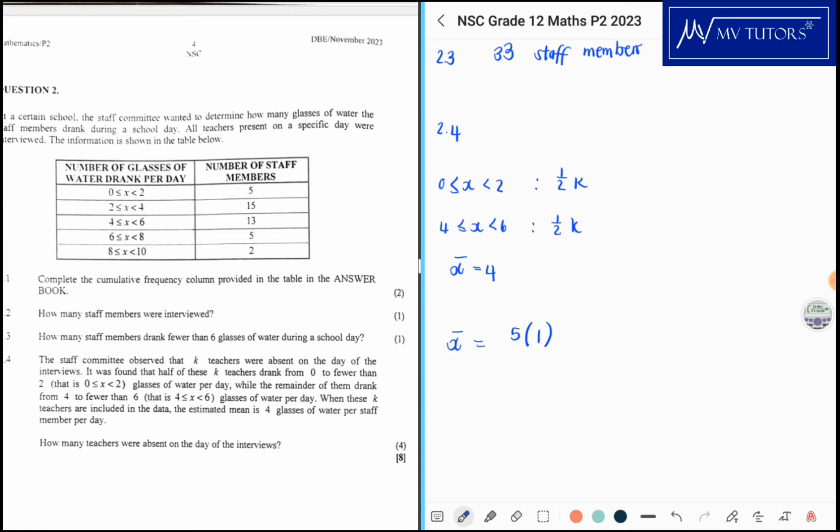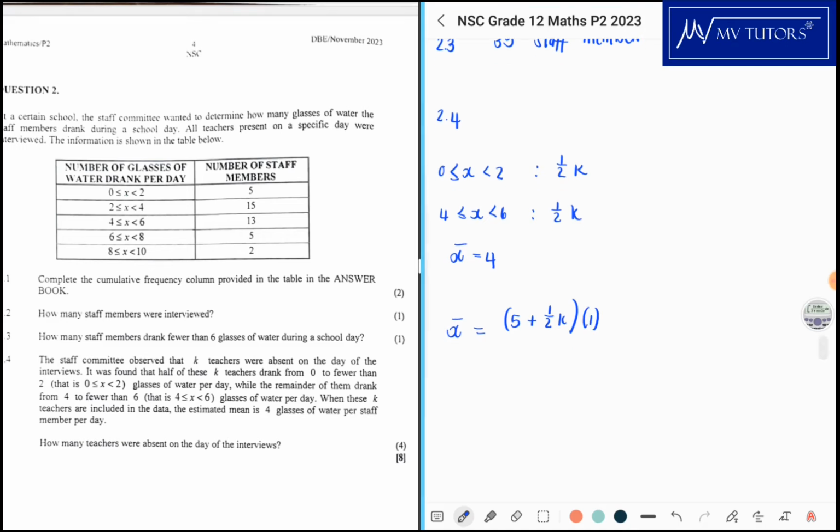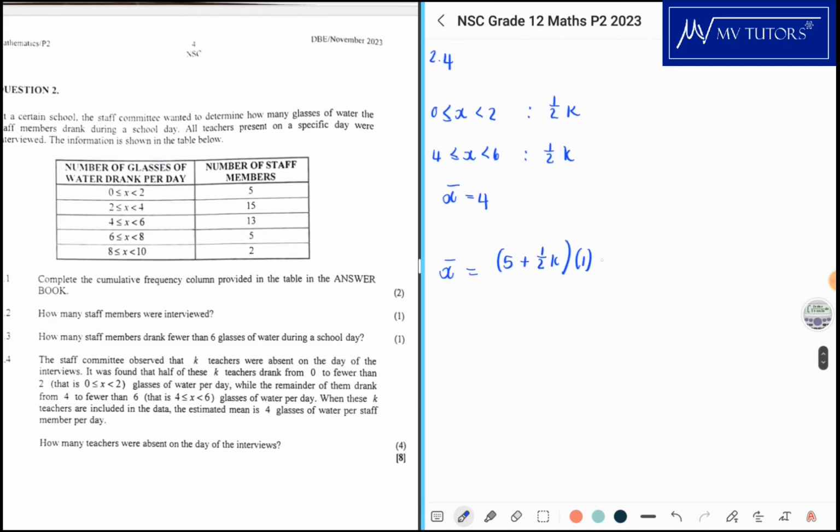So you can't just say 5 times 1. There's 5, but also 5 teachers plus that half K. So please don't leave that out. So we have 5 plus half K, and you multiply it by the median between 0 and 2, which is 1. Ooh, I don't know if I'm going to have enough space, but let's see.